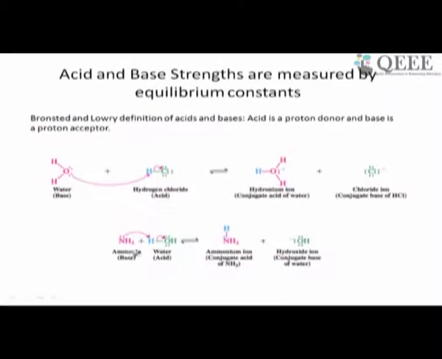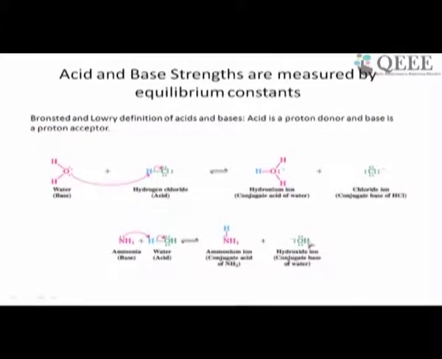Now let's talk about the base. Ammonia is a base, and according to the Bronsted and Lowry definition, a base is a proton acceptor. So if you put a base into water, it will accept protons. Ammonia is a gas at room temperature, but at low pressure it can exist as a liquid. When you bubble ammonia through water, it picks up one proton from water and forms the ammonium ion and hydroxide.